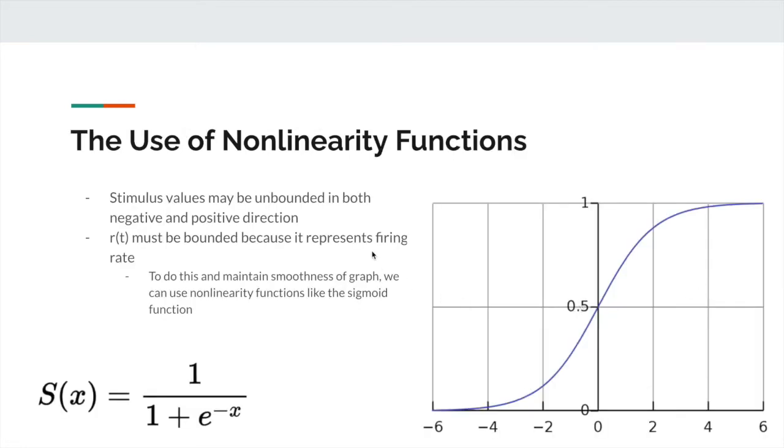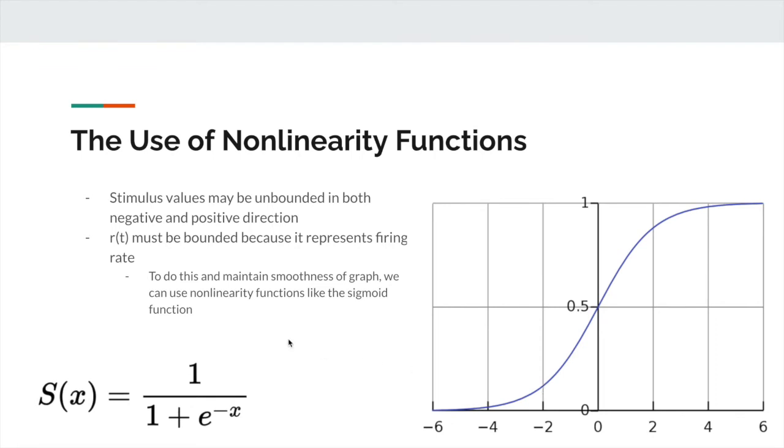And the way we do this is by using a nonlinearity function. Here I've depicted one of the most commonly used ones called the sigmoid function. Basically, for very high values, we approach a horizontal asymptote of 1. And for very negative values, we approach a horizontal asymptote of 0. And this goes on to infinity in both directions.